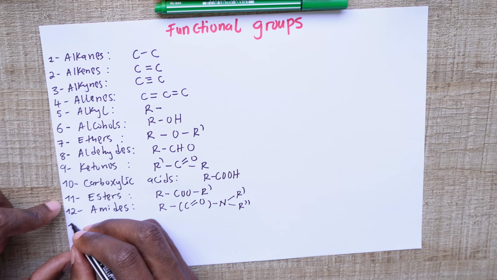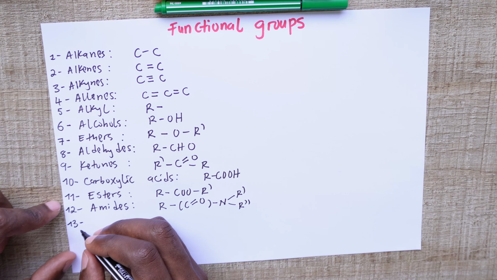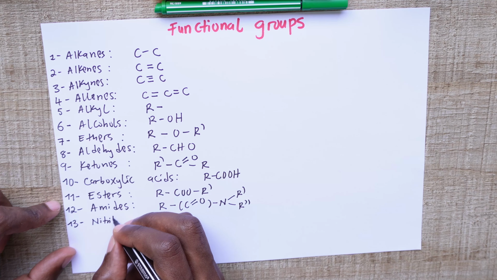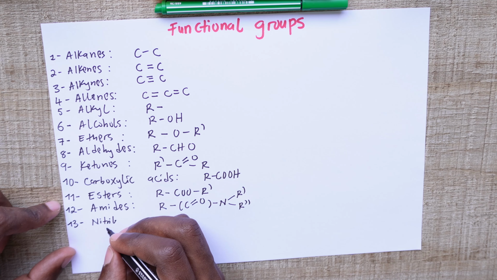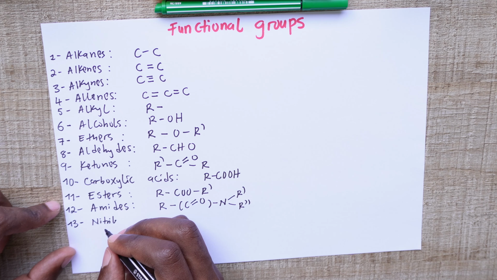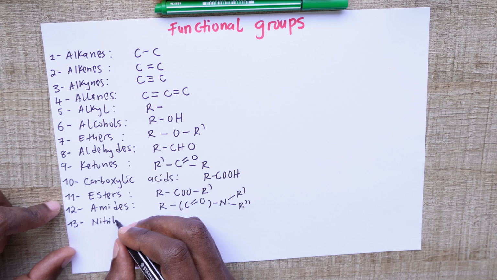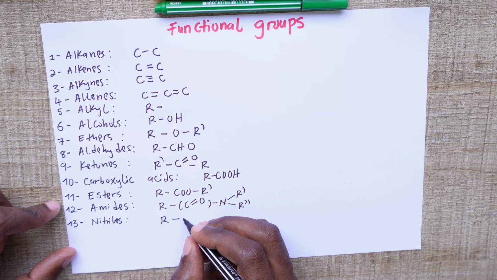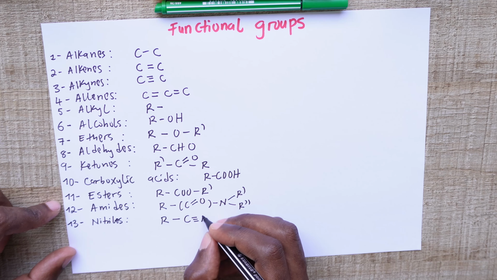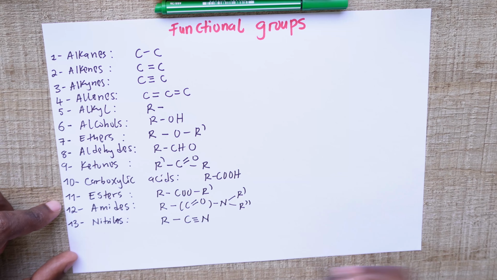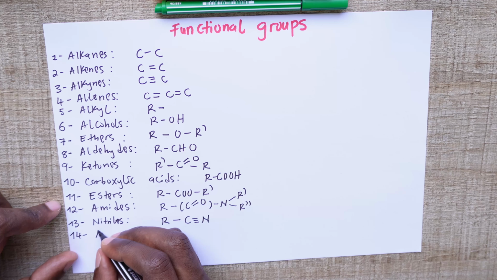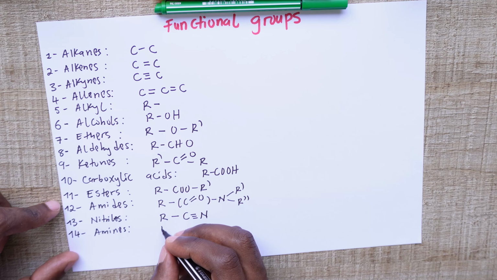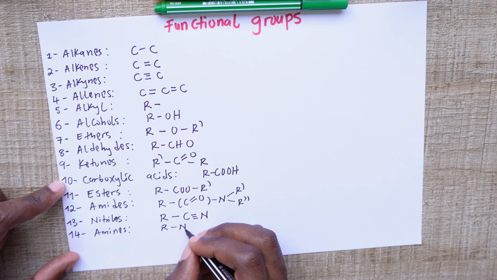Going good. Number 13, we have the nitriles, which have as functional group, very direct, R, C triple bond N. Then obviously you have the amines, which in this case is just RNH2.